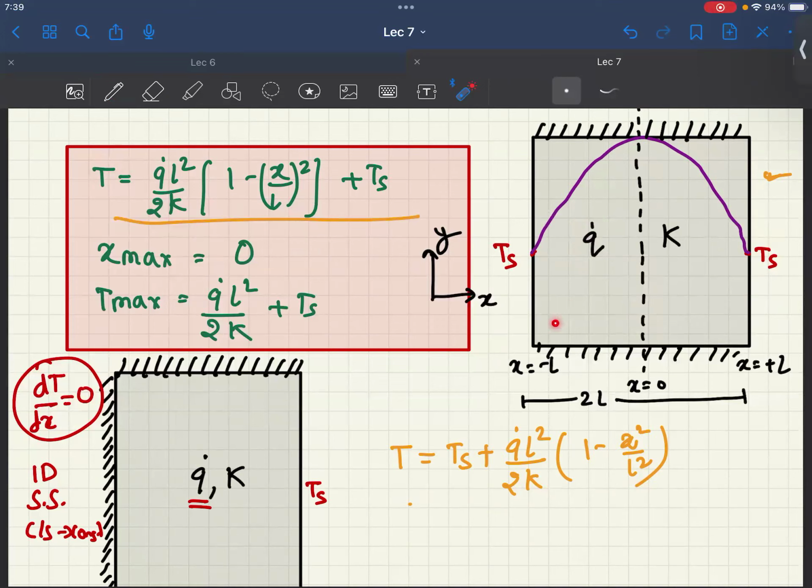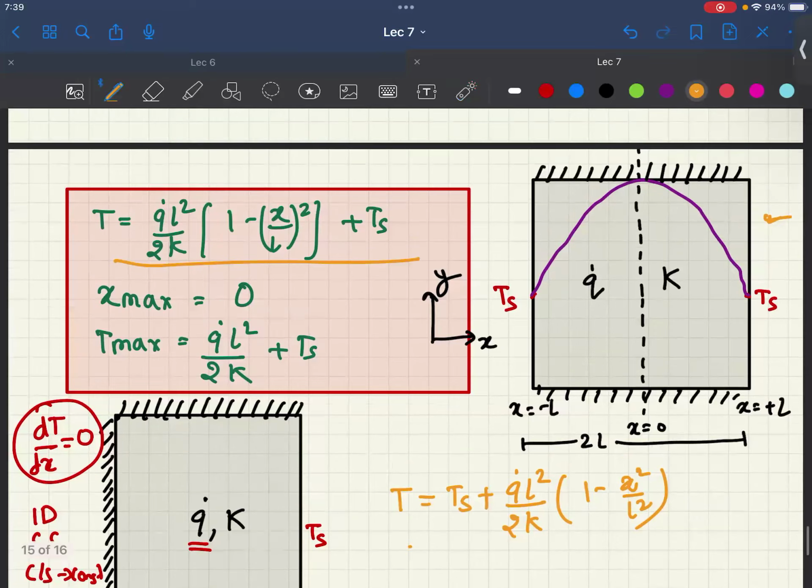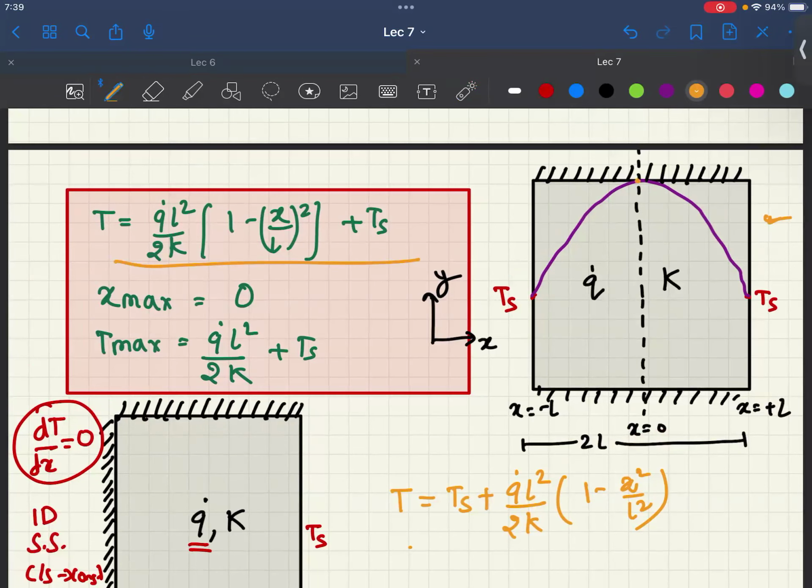That means these two systems are sort of the same thing, which you can also see here. When the temperature profile is like this, at x equal to 0 we are reaching a maximum value. That means at this point you have dT by dx equal to 0.